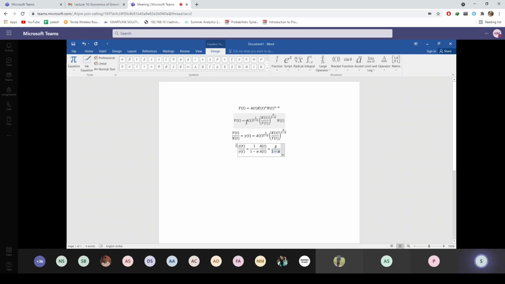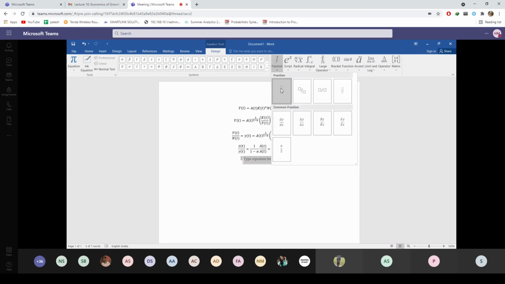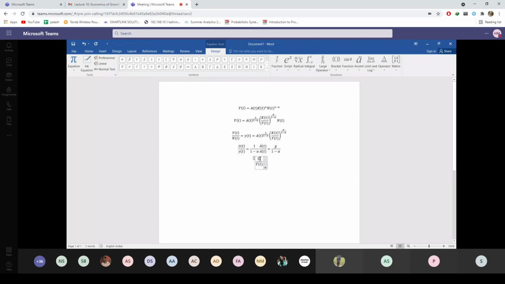If you take logarithm of both sides and differentiate with respect to time, you get the rate of growth of physical output as this: the population growth rate, small n, plus g divided by 1 minus alpha.